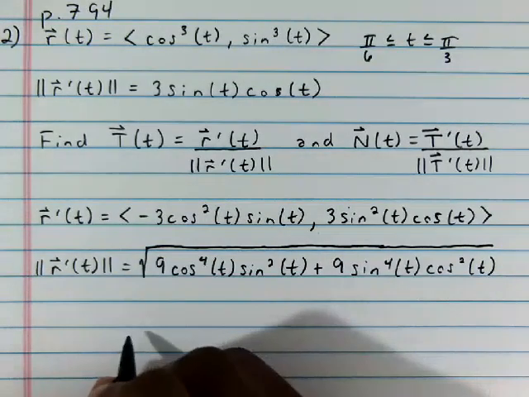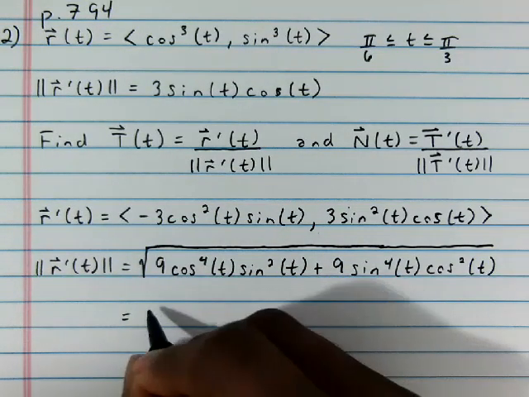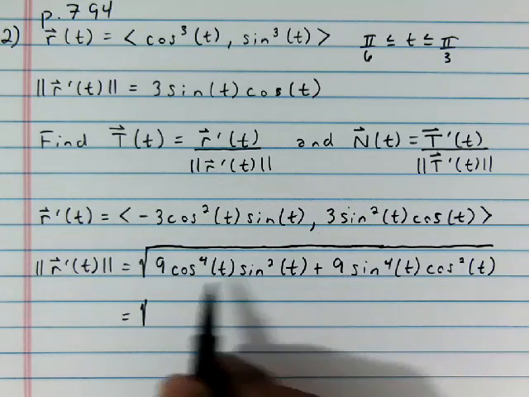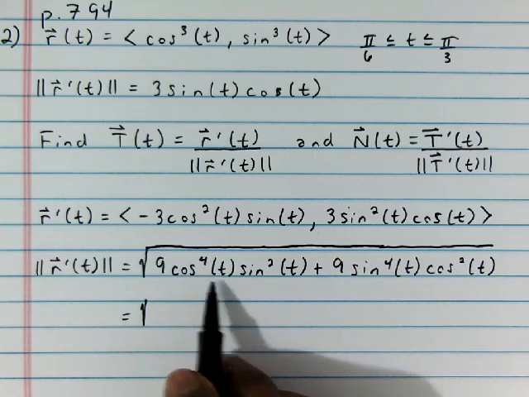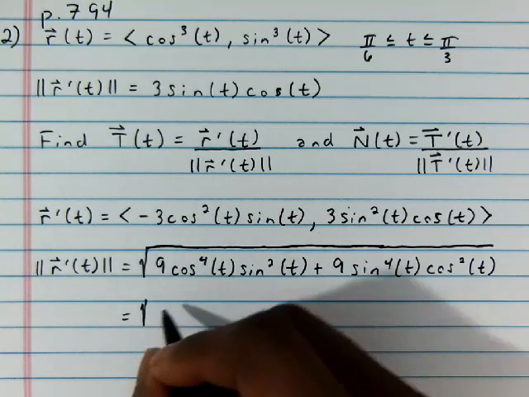Now let's simplify that. That equals, so we can factor out a 9 from both terms, a cosine squared from both terms, and a sine squared from both terms.